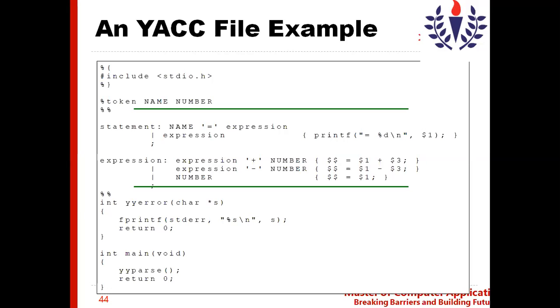That is why I have come back to this program again, to explain the working of this program. Name is equal to expression, so the right hand side will be replaced by the left hand side of the rule. What is there in the left hand side? Statements.